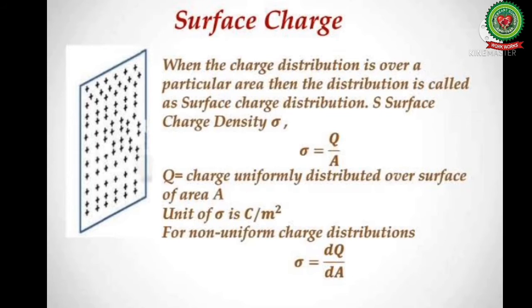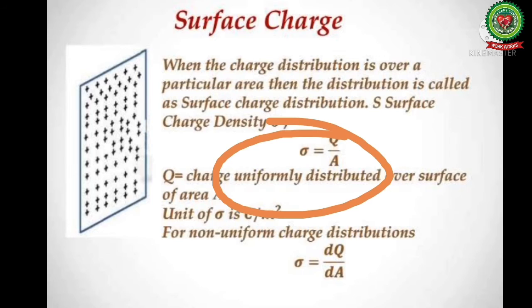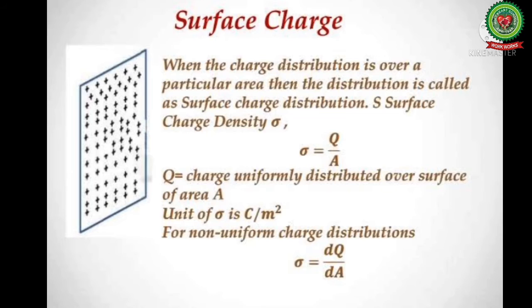It is denoted with letter S and the surface charge density is given by sigma, which is equal to Q over A. Students, remember, this charge is distributed uniformly over the surface area named A and the unit of sigma becomes coulomb per meter square. Children, for non-uniform distribution of charge, sigma becomes equal to dq over dA.